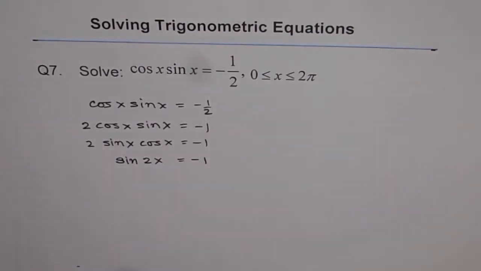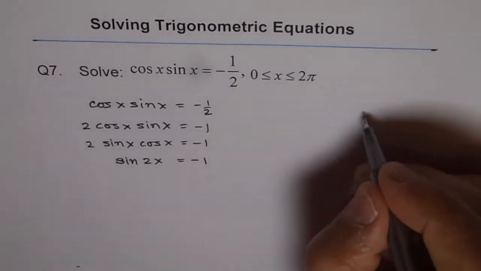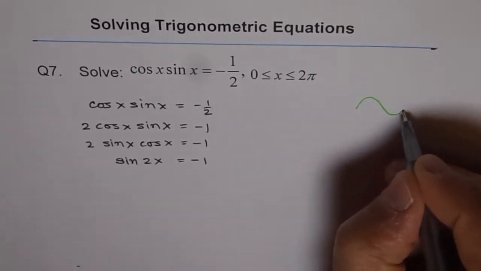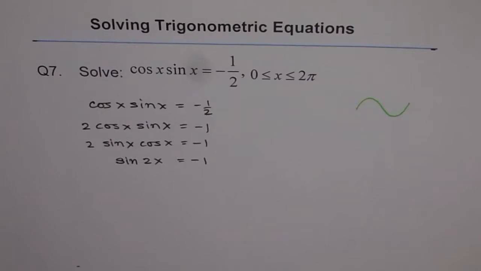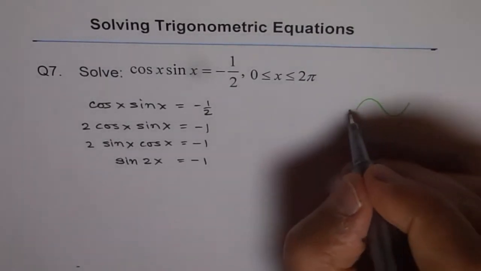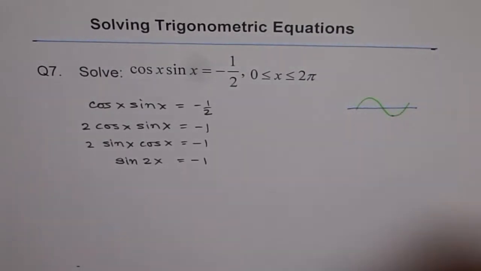Correct? Now we know what the sine graph is. So the sine graph is like this, correct? And the minus 1 value for sine occurs once here. That is at 270 degrees, correct?